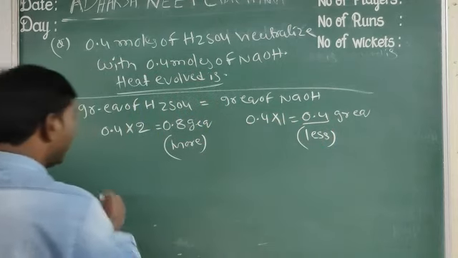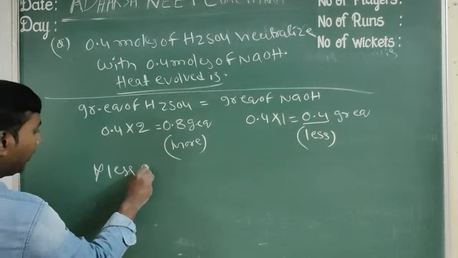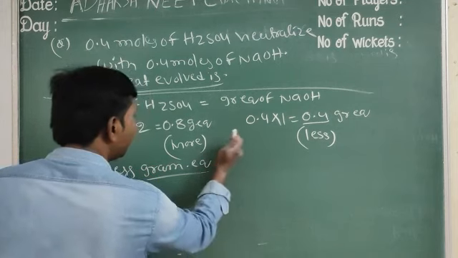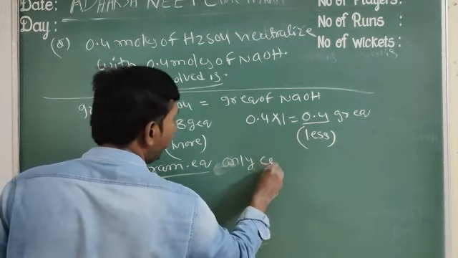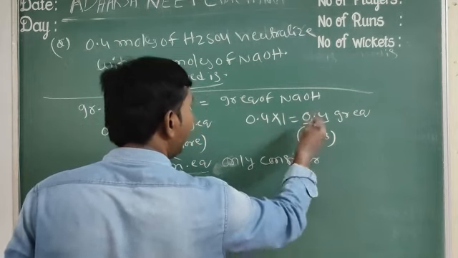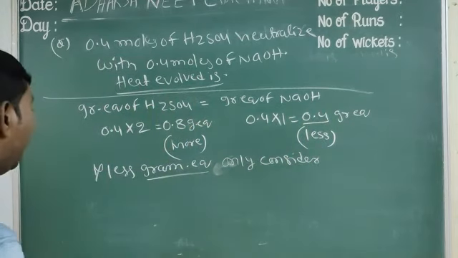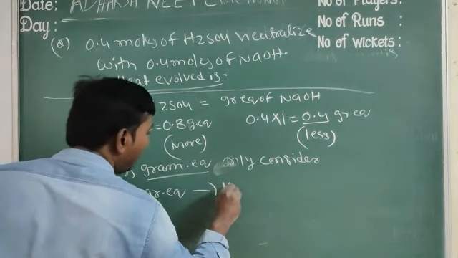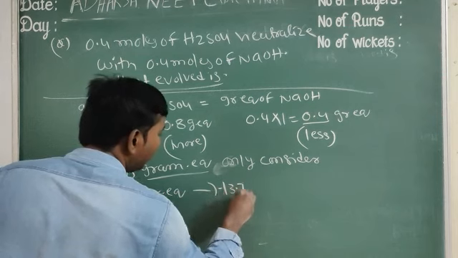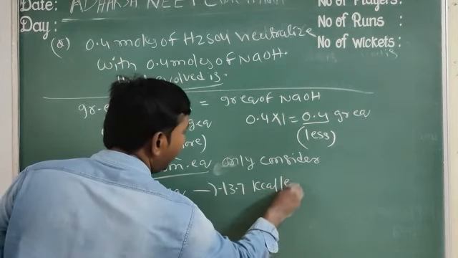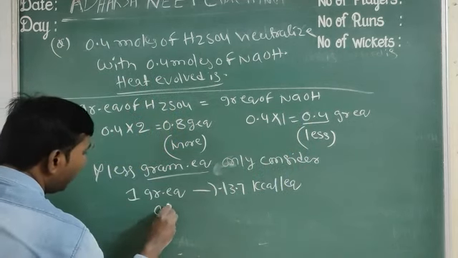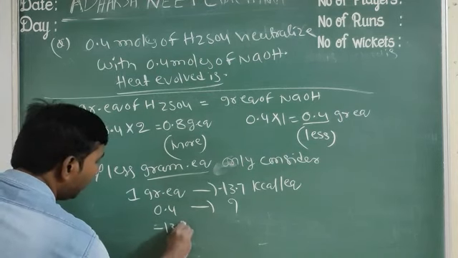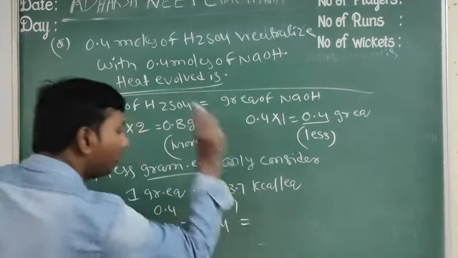That's why you take the value 0.4. So 1 gram equivalent equals minus 13.7 kilocalories per equivalent. 0.4 gram equivalent equals how much? Minus 13.7 times 0.4 equals the answer.